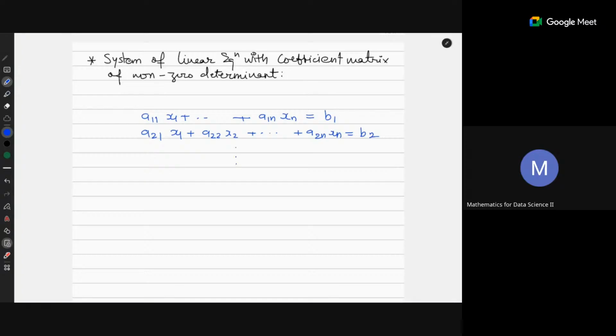You have n many equations like this, up to an1 x1 plus an2 x2 up to ann xn is equal to bn.